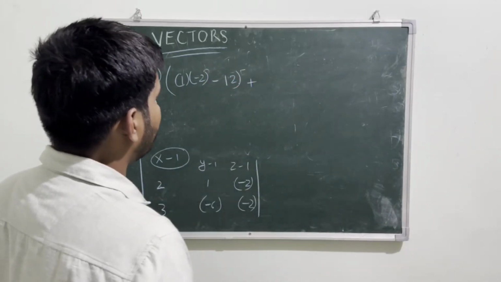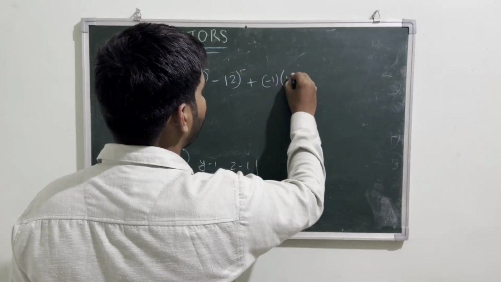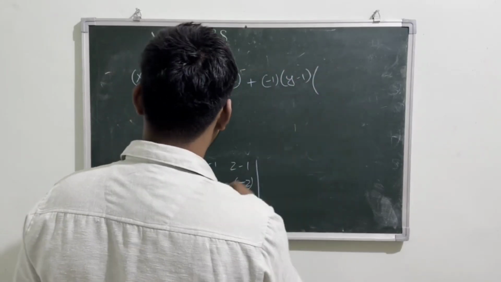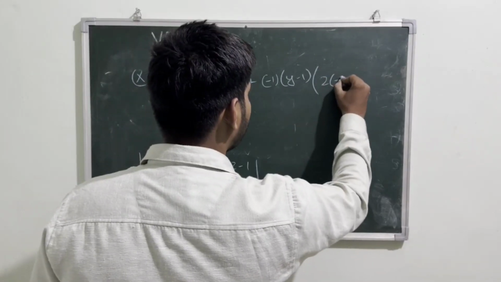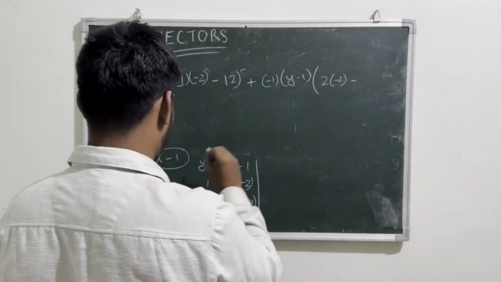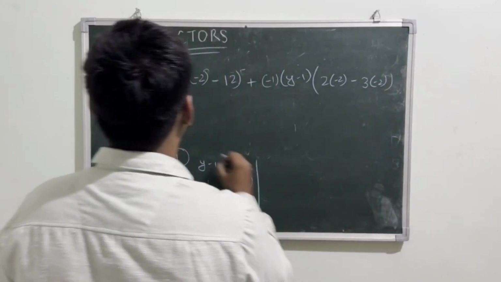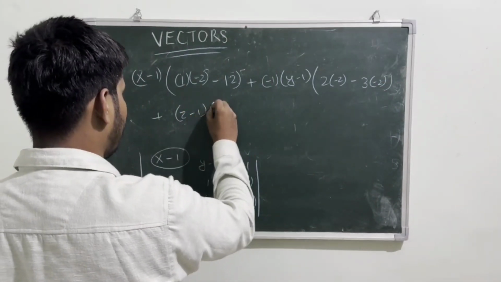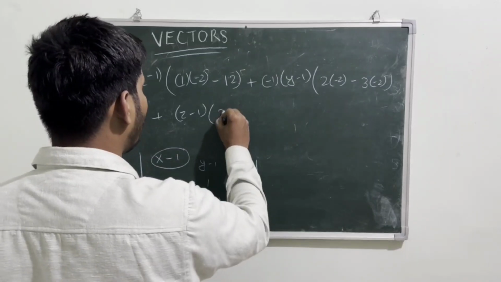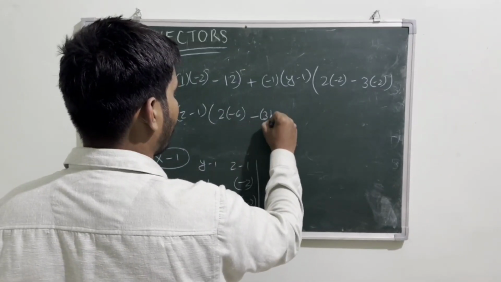Plus the second equation, we have to obtain -1 to the power of (y - 1). Then we have to multiply 2 with -2, and -3 with -2. Plus the third term, z - 1. We have to obtain 2 with -6, then -3.